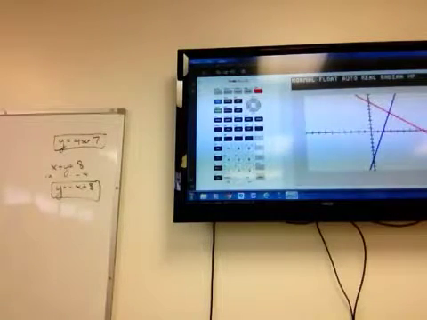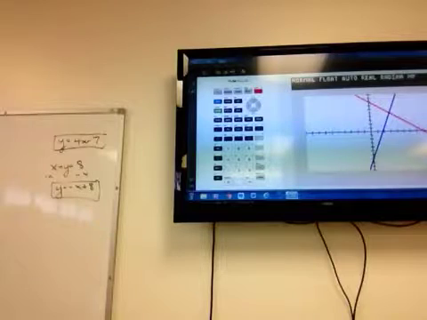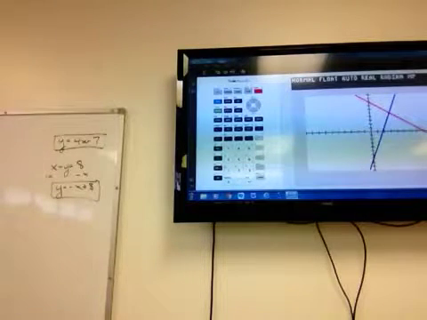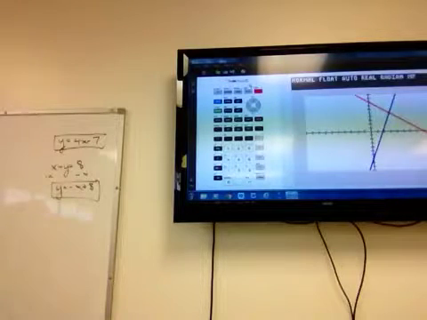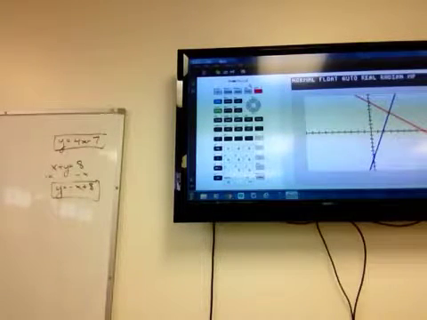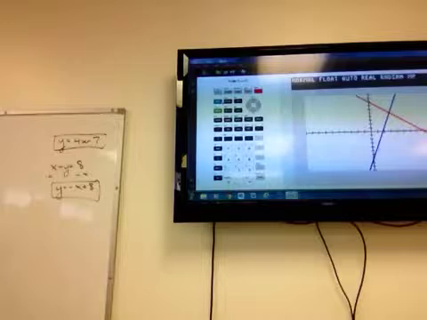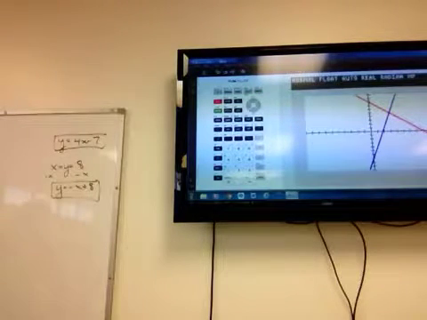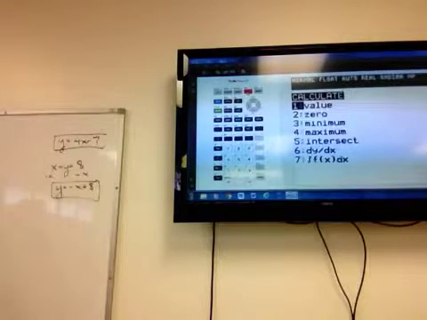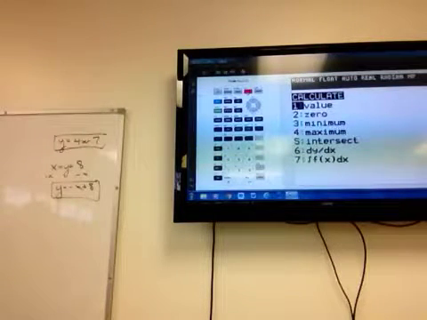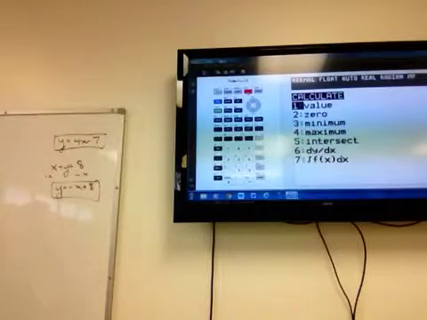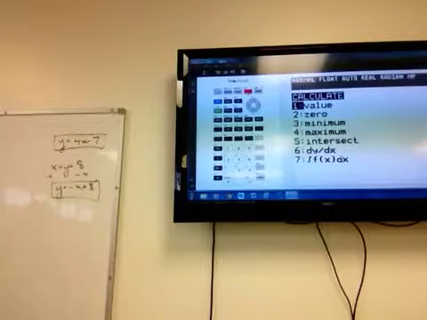So calculate is up here. If you're looking up at the TV, I'm circling around where calculate is. It's above trace, so it's in blue. Anytime you want to do something in blue, you got to press the blue button first. So blue, trace. You should see the word calculate, and then number 5 is intersect. So you can just press number 5. You don't have to use your cursor keys.